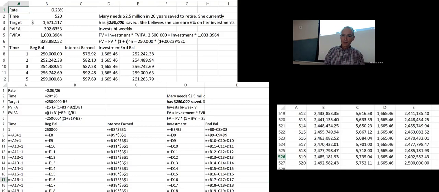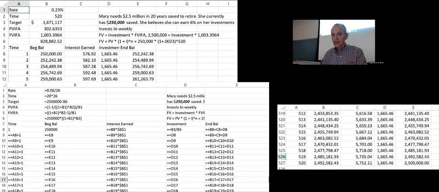But one thing we know, she's got 250 today. So one thing we can do is figure out just that 250, what would it be worth in 20 years? We could do that, right?